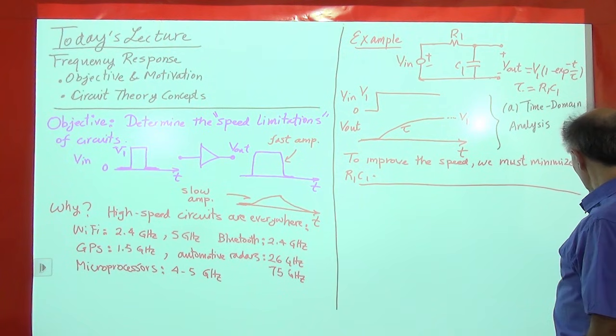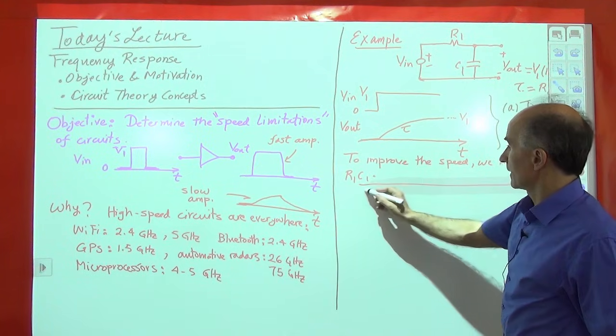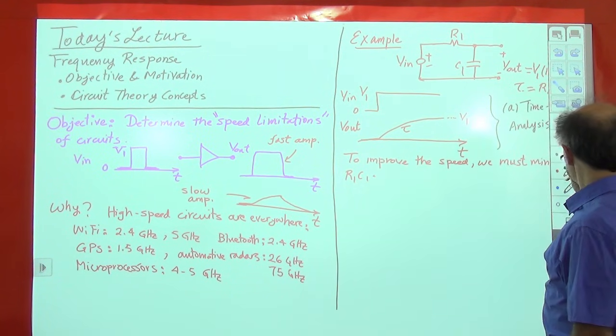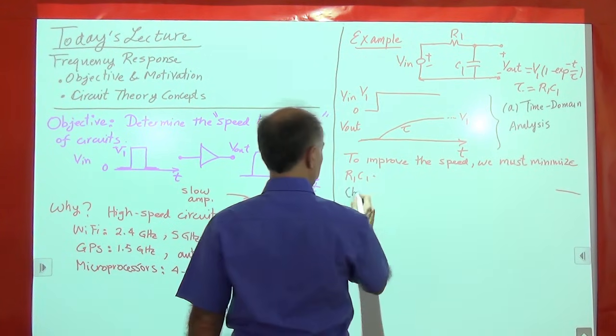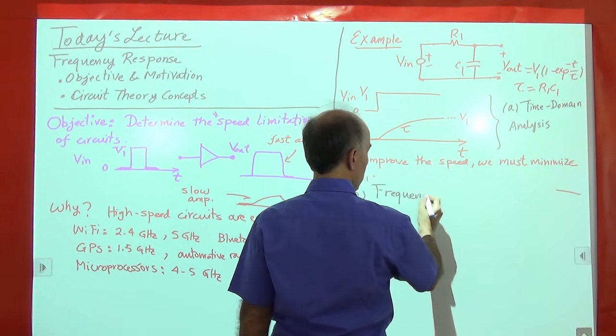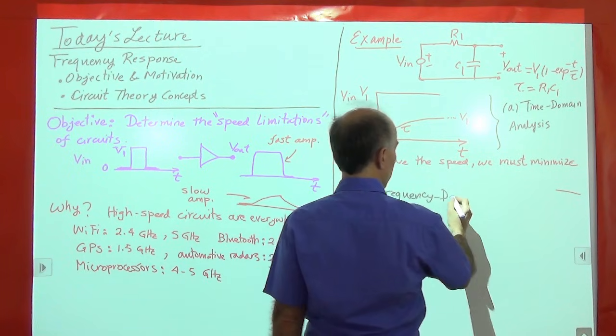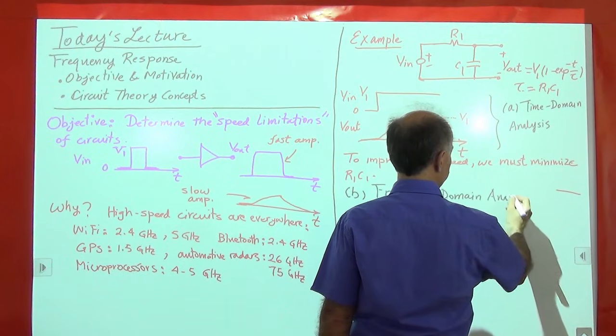Okay, now I would like to talk a little about the frequency domain analysis as well. So let's talk about frequency domain analysis. So this is part B, frequency domain analysis.